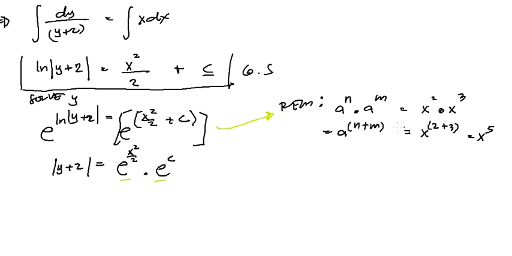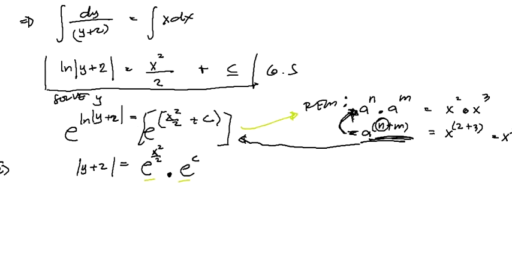By this principle, we can say that this part is e raised to some n and m, so we use the rule a raised to n multiplied by a raised to m.